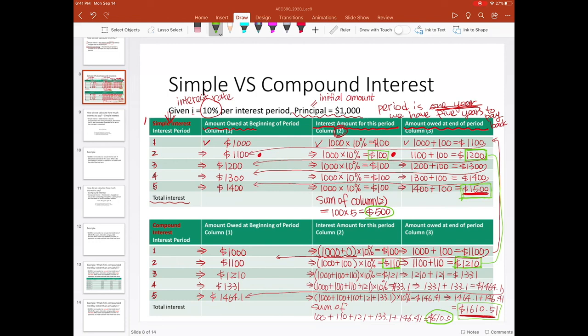And after you understand this, you might think, okay, do I have to do this complicated calculation every time? Like I have to fill this form every time? What if I borrow the money for 50 years or 30 years? Do I have to do this countless times? Well, you don't. This is only to help you to understand the concept. And we have formulas or equations for you to use.